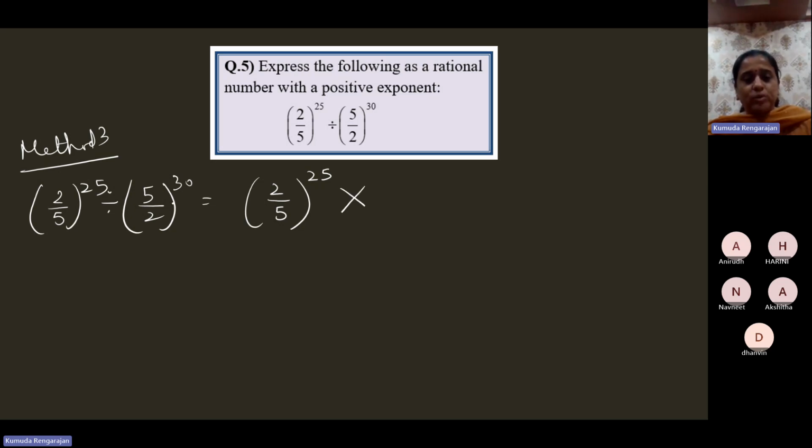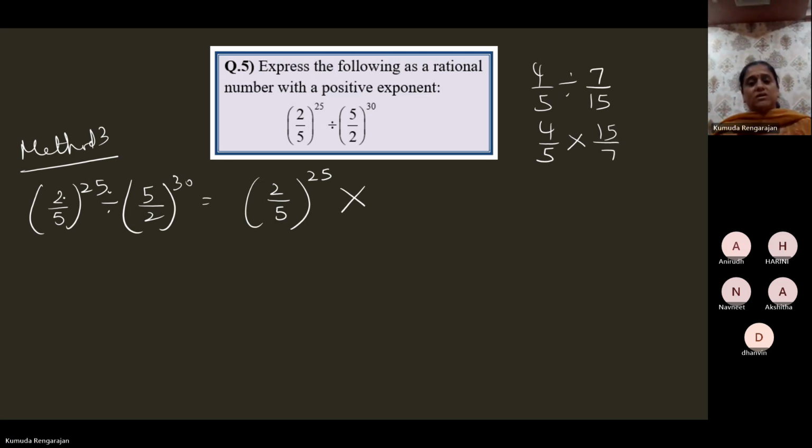Then you should write the reciprocal of the second term. Like if you have 4 by 5 divided by 7 by 15, write the first fraction as it is, then change division to multiplication and write the reciprocal of 7 by 15, 15 by 7. Use that rule here.